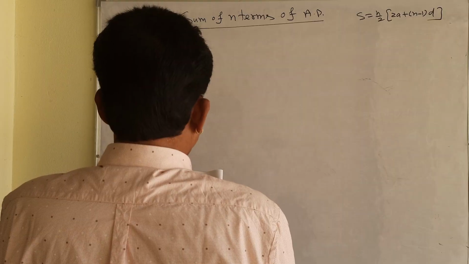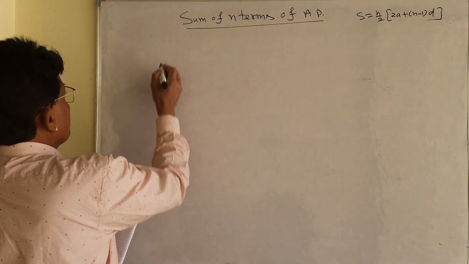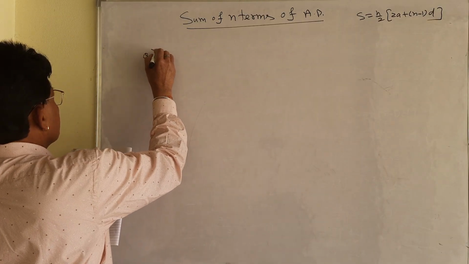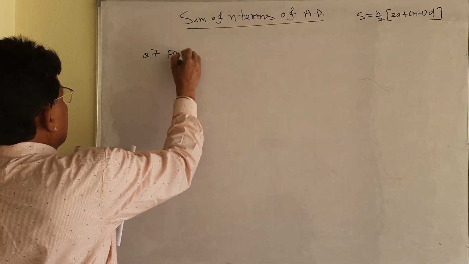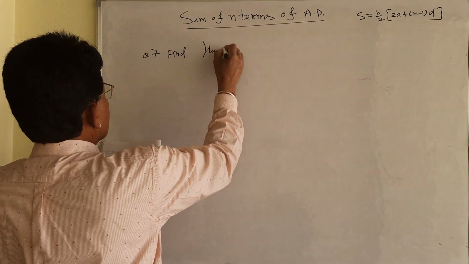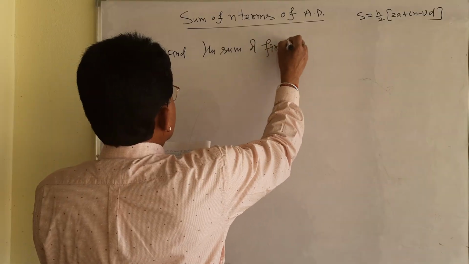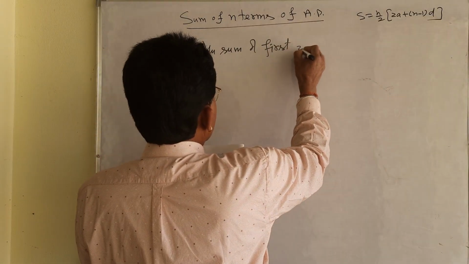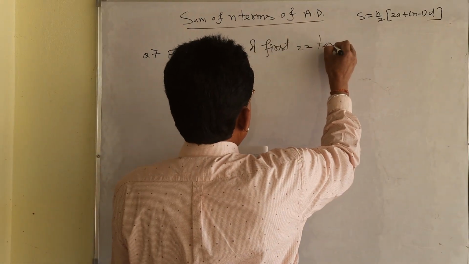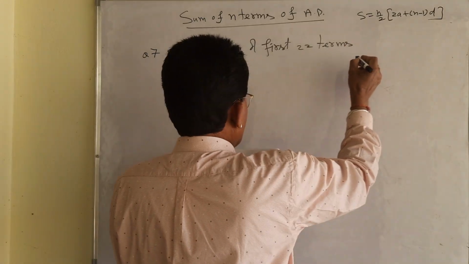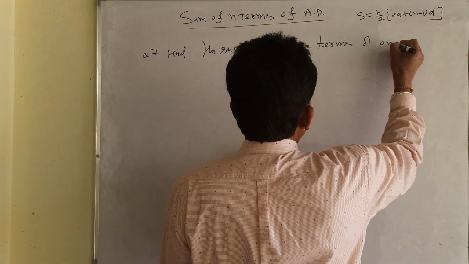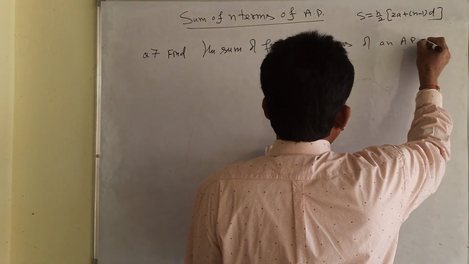Find the sum of the first 22 terms. Question number 7. Find the sum of first 22 terms of an AP. But what is the AP?